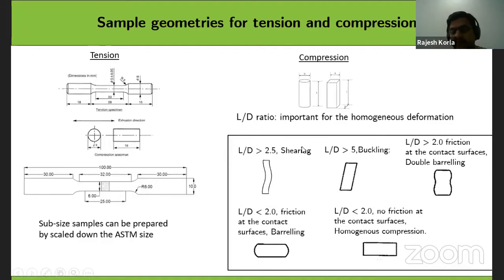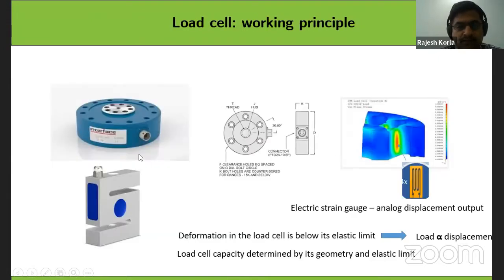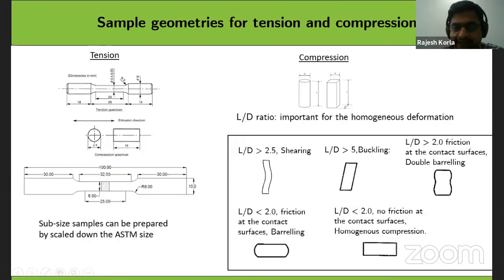The L by D ratio you can't keep as a random number, because if the L by D ratio is above 5, the material is going to buckle. Sorry, I think there is some mistake there. If L by D is above 5, then buckling will come. That means the length of the sample is much higher as compared to the thickness or cross-section area, so the sample is going to buckle.